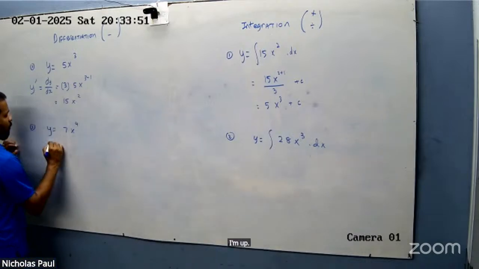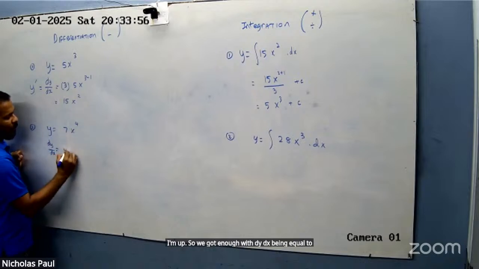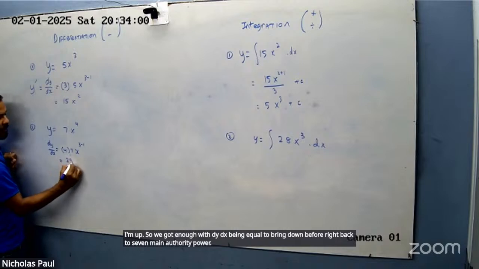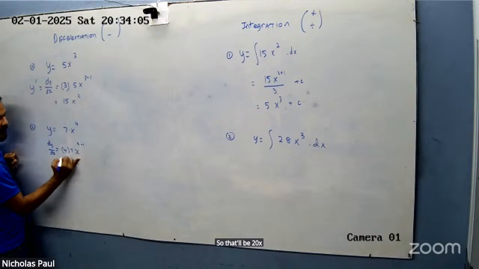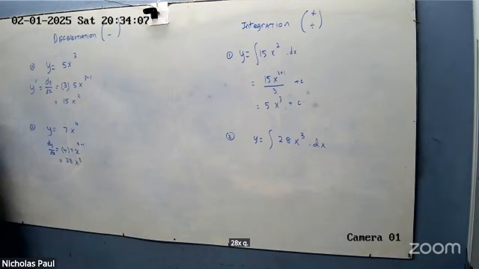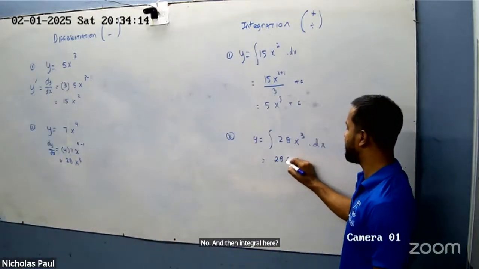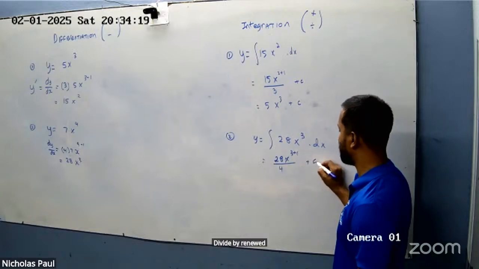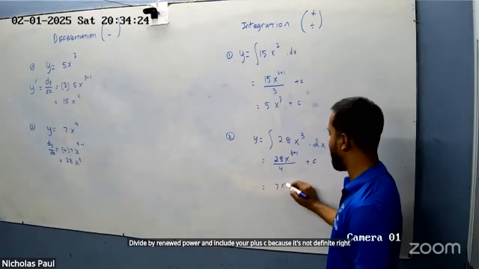So we end up with dy/dx being equal to, bring down the 4, write back the 7, minus 1 from the power. So that'll be 28x cubed. Anybody get in trouble with us? No? And then the integral here, 28, add 1 to the power, divide by the new power, and include a plus c because it's not definite. The answer to that is 7x to the 4 plus c.